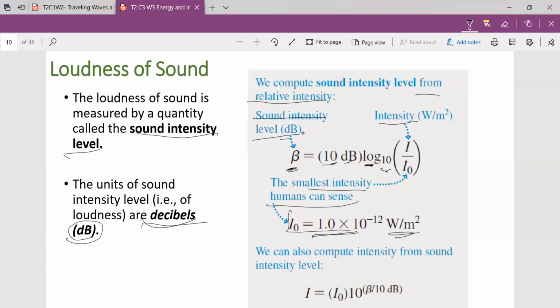This is a constant. That is the smallest intensity of sound that a human can hear. And this relationship is what we use to calculate the sound intensity level.